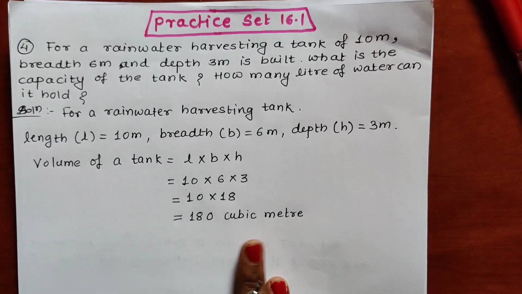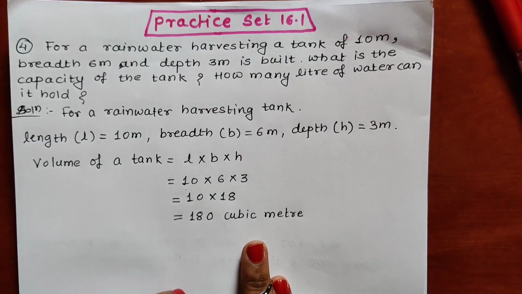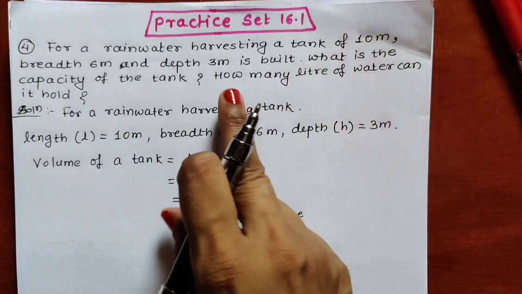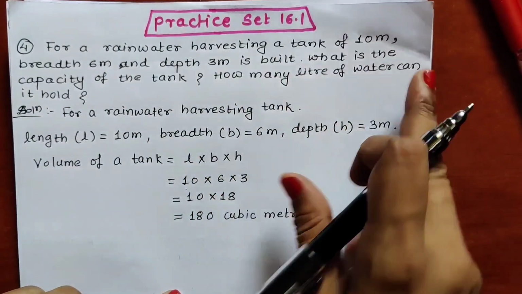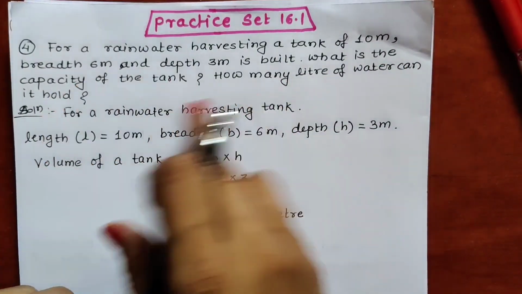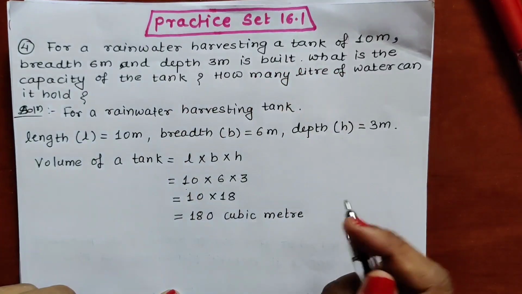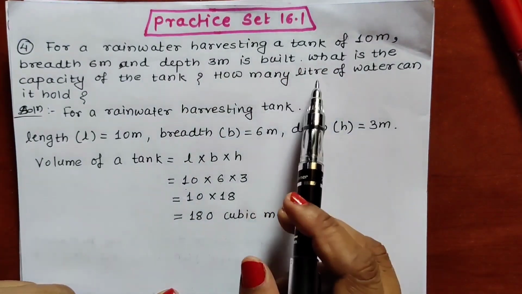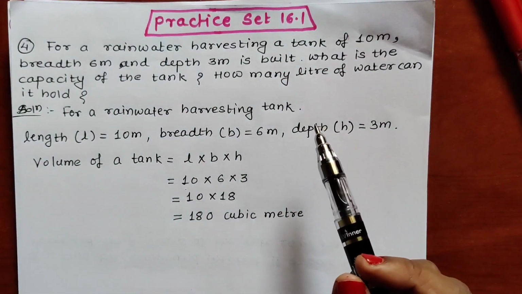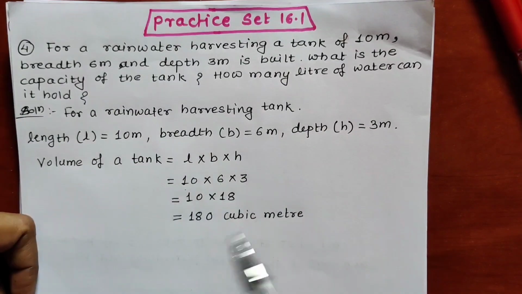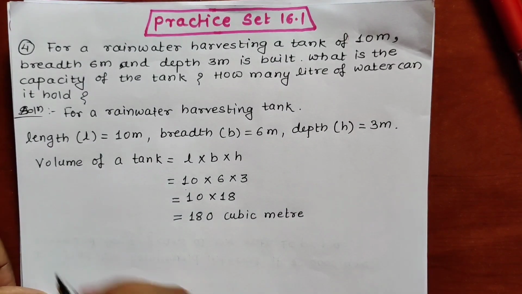Now as volume we have got meter cube, we have to find out how many liter of water will be held by the tank. So capacity of tank we have got 180 cubic meter.